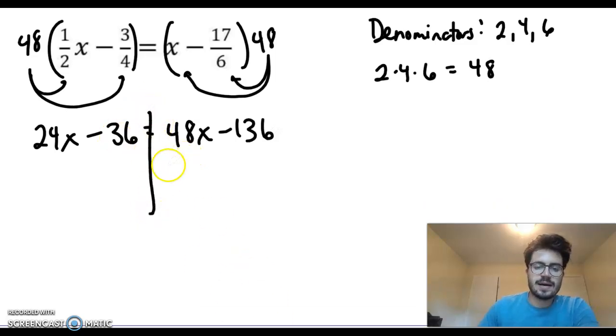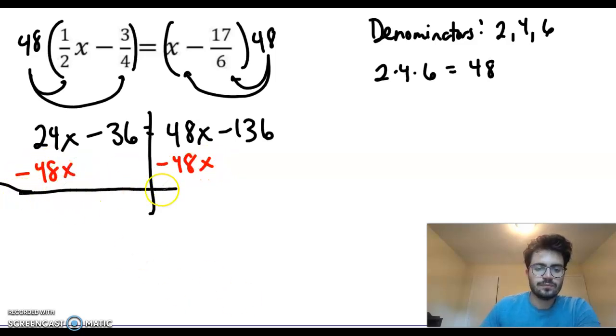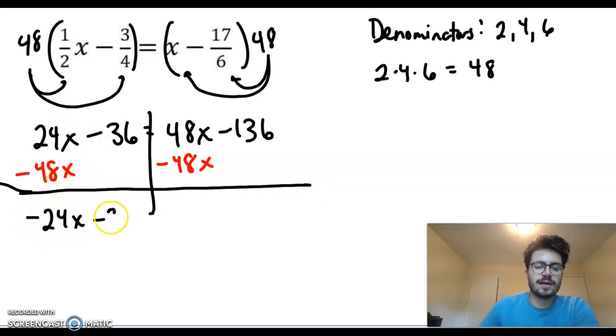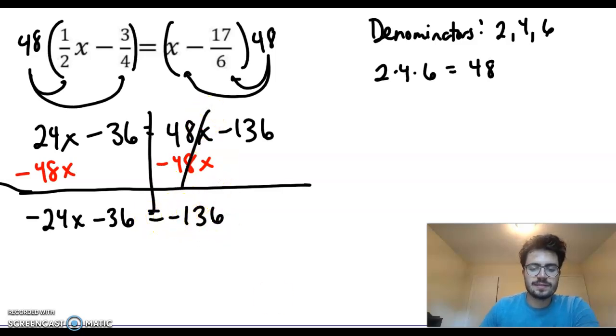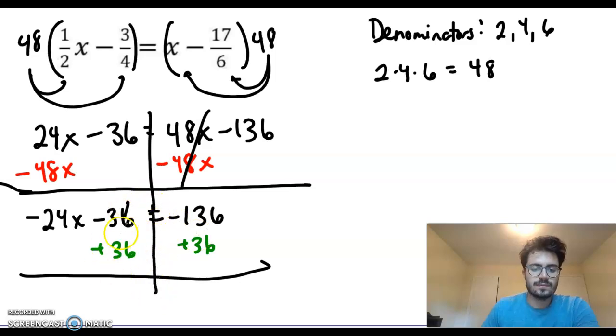Okay, I'm going to move my variables. 24x minus 48x is negative 24x. Then I have negative 136. And I'm going to add 36 to both sides. I get negative 24x equals negative 100.